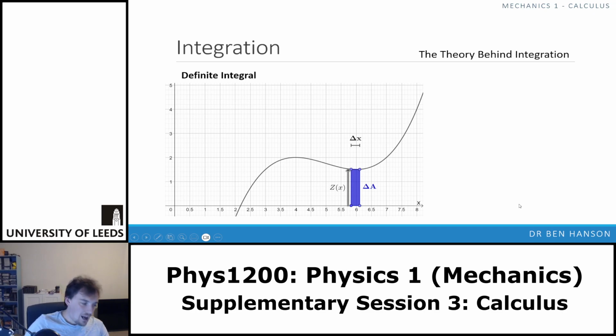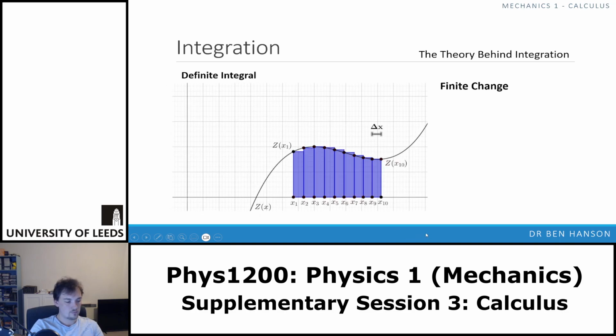So what we're going to do now is define something called a definite integral. A definite integral is an integral defined specifically between 2 points on that graph. We've got x1 here, we've got x10 here. And just to make this proof a little bit more concrete, I'm going to split it up into loads of those little rectangles.